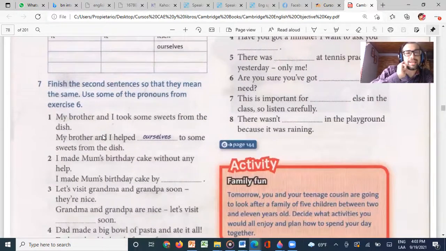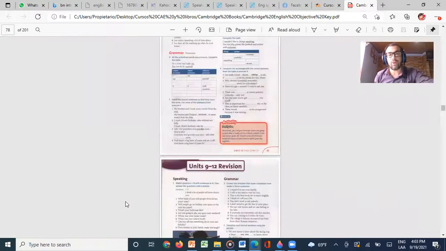Now it says finish the second sentence so that they may mean the same. Use some of the pronouns from exercise 6. For example, my brother and I took some sweets from the dish. We can say my brother and I helped ourselves to some sweets from the dish. So this sentence over here needs to say exactly the same using some of these pronouns.